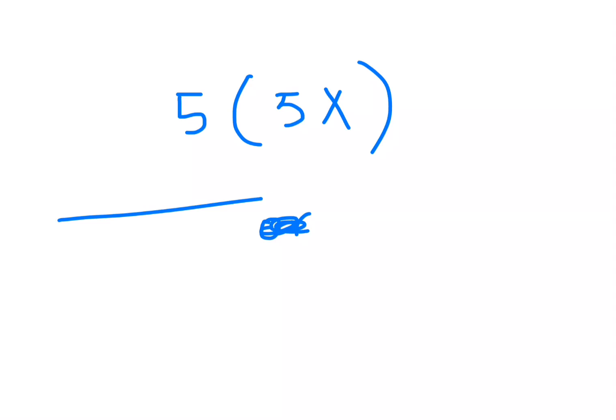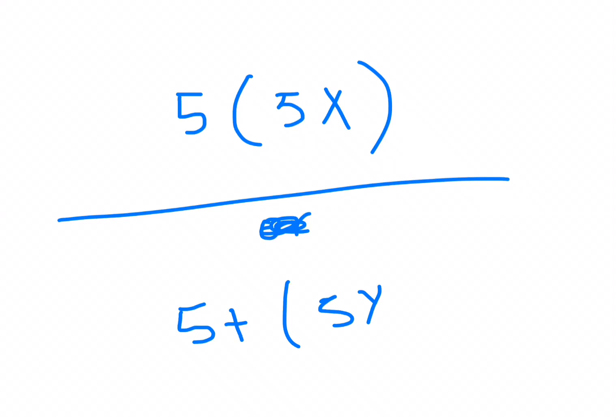Understand that if we have parentheses and there is, let's say, 5x, know the difference here. Or you could also have 5 plus 5x. This is really what you need to pay attention to. We have 5 parentheses 5x.